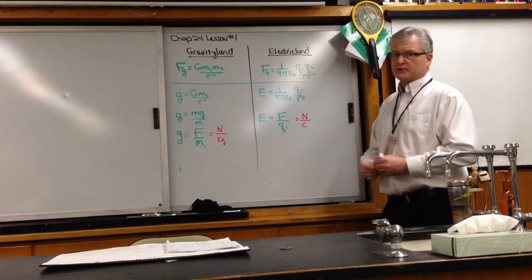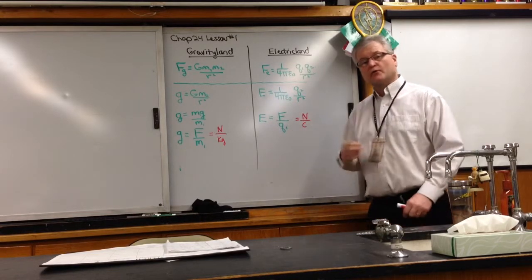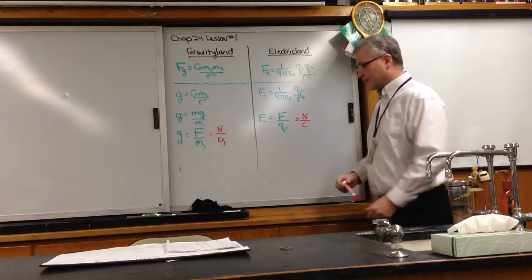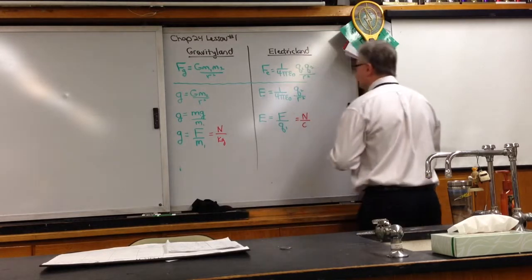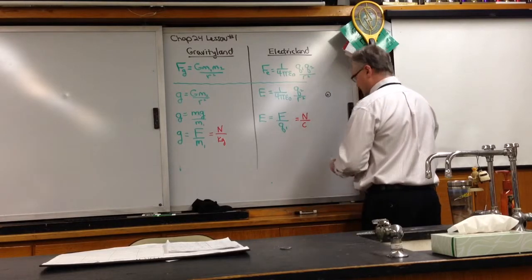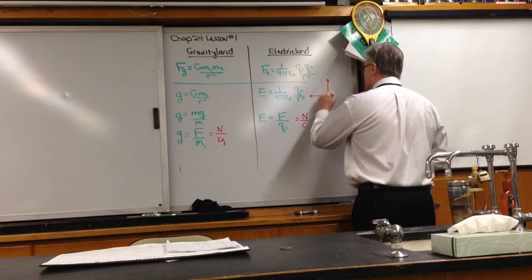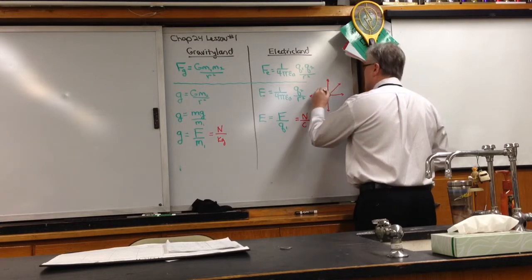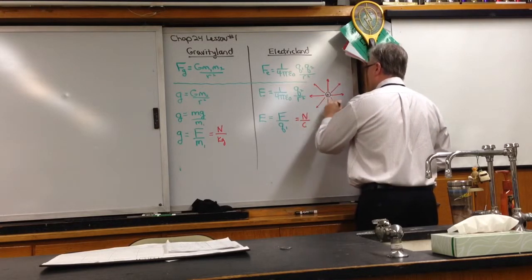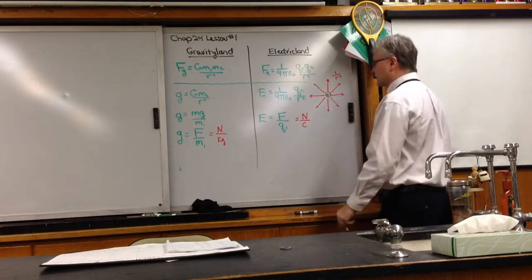Now, a couple other things to note. When I use this particular formula, it's a 1 over r squared function due to the fact that we have a particle or a sphere, and the electric field lines are moving away from the particle like this. As we draw that, we take note that the farther away we are, the field weakens as a 1 over r squared function.